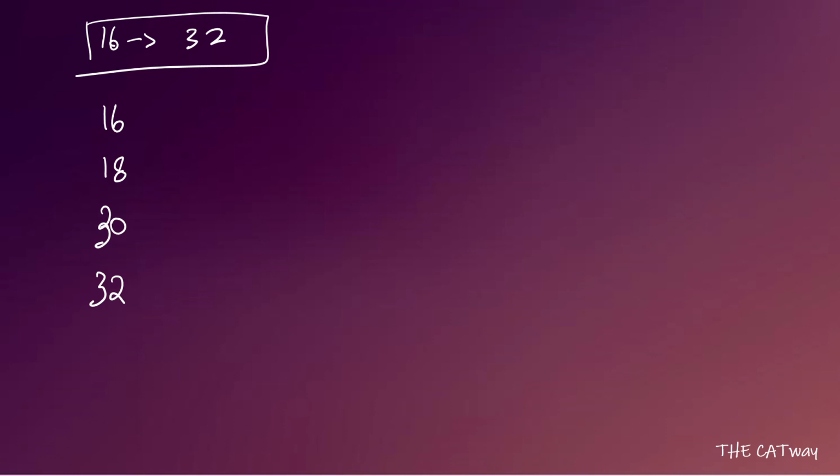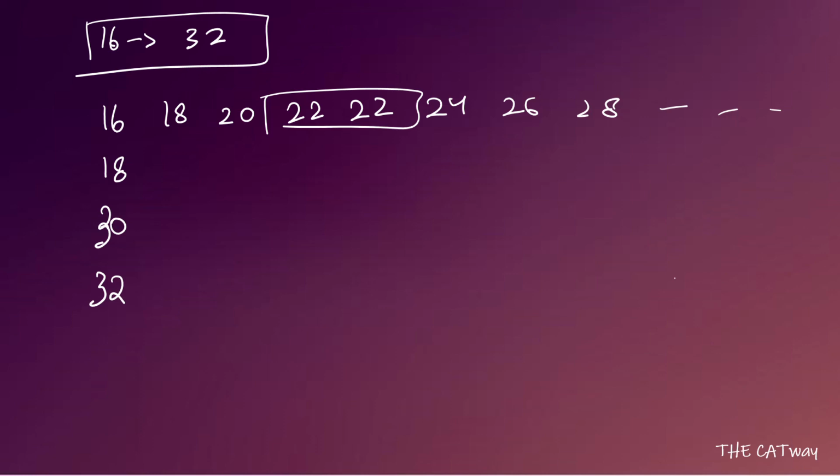Okay, so let us take it back. So this is going to be 18, 20, 22, 24, 26, 28, and so on. We do not need to go there because we are only asked about 22. Now coming to starting with 18: we are going to take 16, then 18, then 20, then we have 22, 24 and so on.